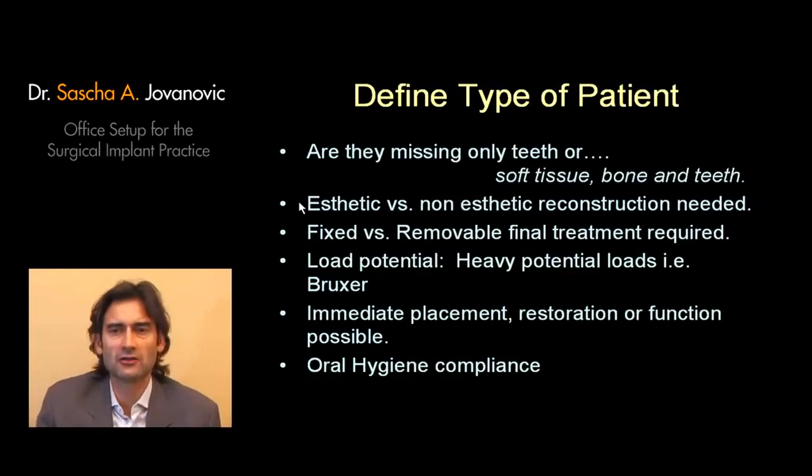So if you have to select patients for your overall treatment and for surgical placement, I would recommend that you go with a removable treatment plan for these cases, because it will be easier for you to do, and it will be easier to satisfy a success rate for your patients. Fixed is something where, again, often grafting comes into play, and often you need a high precision in implant placement.